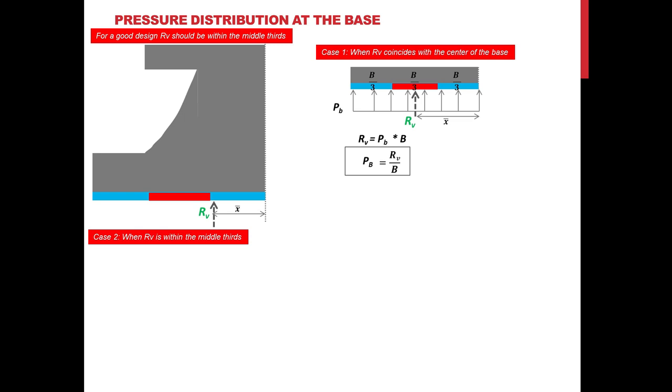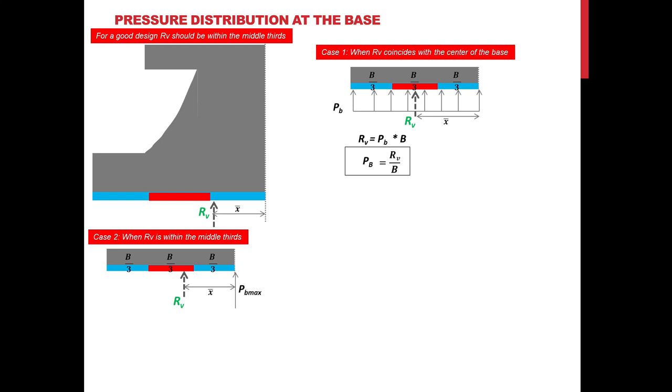Case 2, when RV is within the middle thirds. So if this is our base with the middle third zones, RV will no longer be exactly at the midpoint of this B. So RV is referred to X bar from 2. Of course, we will have a base pressure that will be developed.